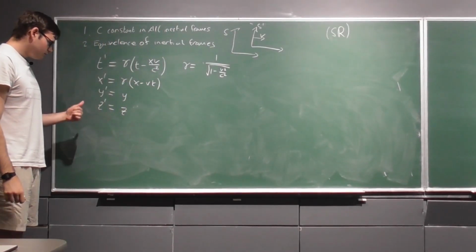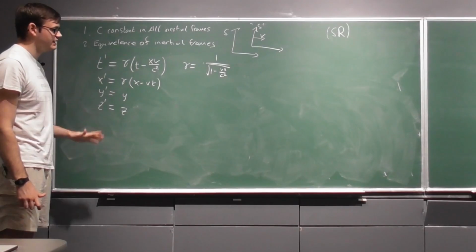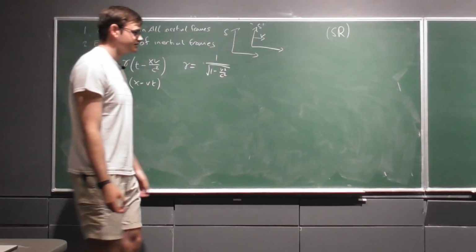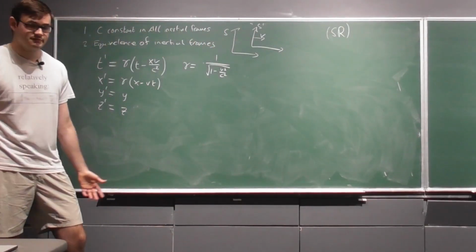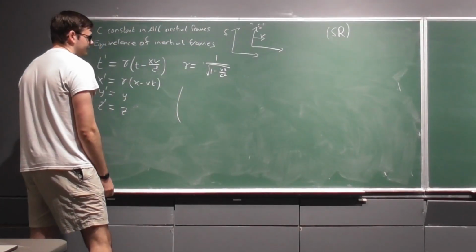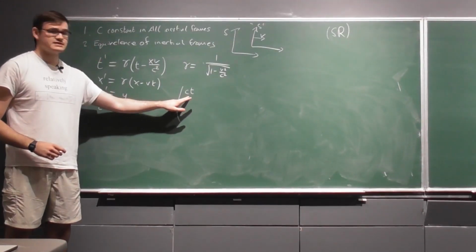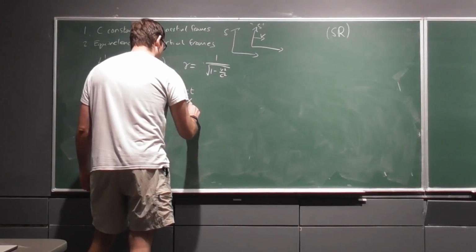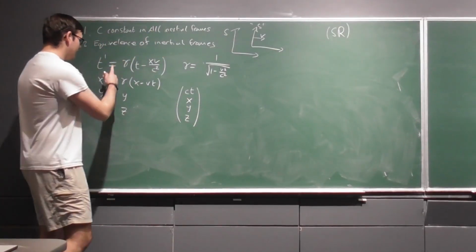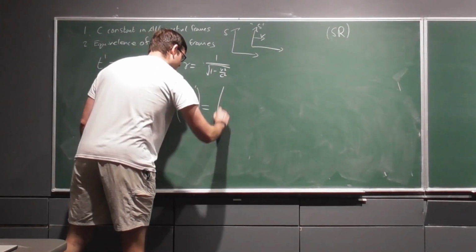Okay, so what we want to do with this is write it in a way more similar to what we were doing earlier. I can extend the vector I had earlier, which had 3 components, and make what I'm going to call a 4 vector. The first component I'm going to make ct instead of just t, so that this has units of distance. Then I have, as usual, my x, my y, and my z, and that's a 4 vector. Now I can write this Lorentz transformation, with primes, as a matrix.